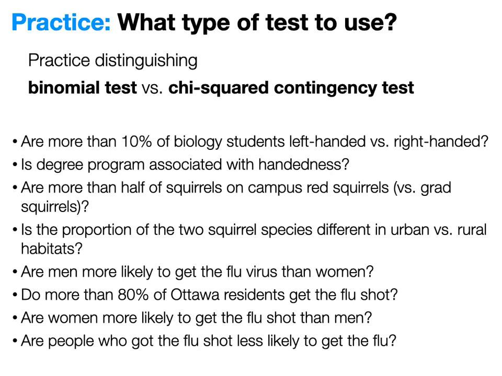Would we be using a binomial test or a chi-squared contingency test? So those are both analyses where the dependent variable is categorical. The difference between them is that the binomial test compares a proportion to a specific expected proportion, and the chi-squared test asks whether there is an association between 2 categorical variables.